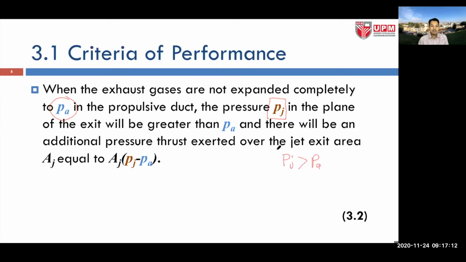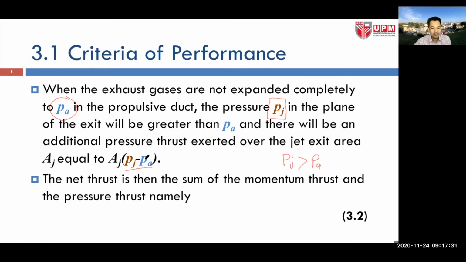And there will be an additional pressure thrust exerted over the jet exit area, which is AJ times the difference between PJ minus PA, right? So this is the extra pressure thrust exerted over the jet exit area.